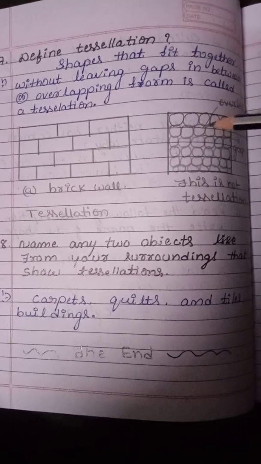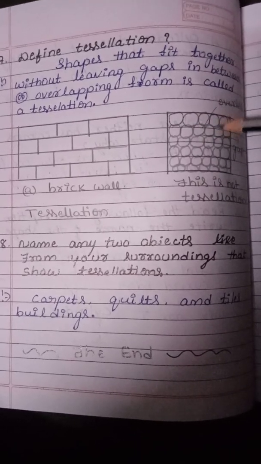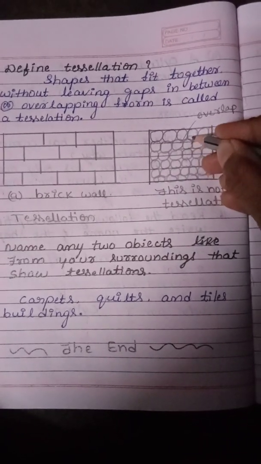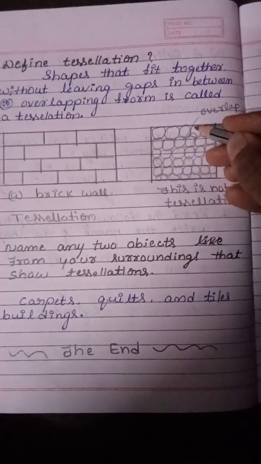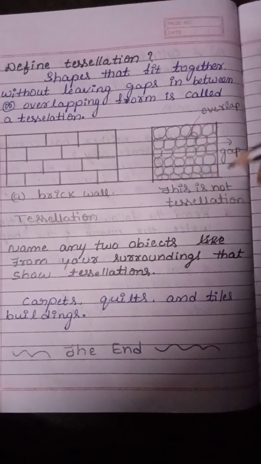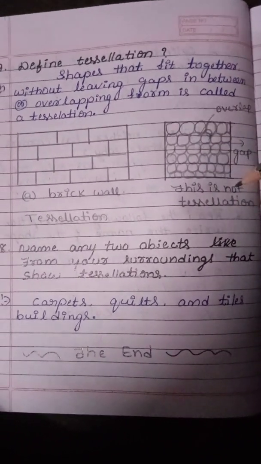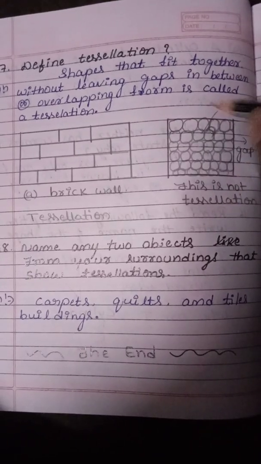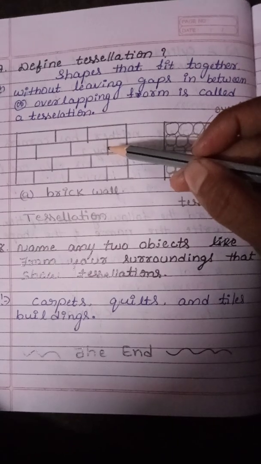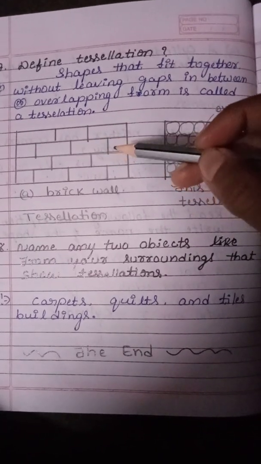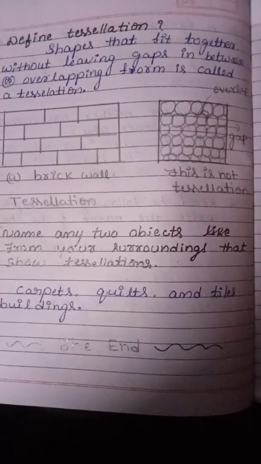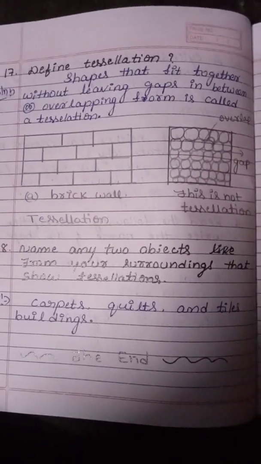You can see overlapping here. This is the overlapping, so this is not a tessellation. It's very easy: no gap in between and no overlapping. This is called tessellation.